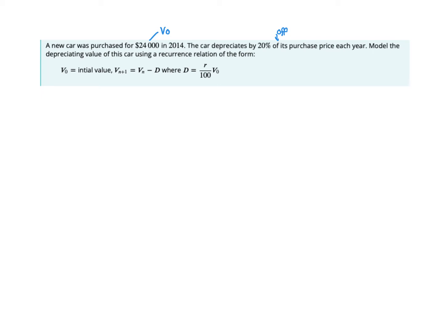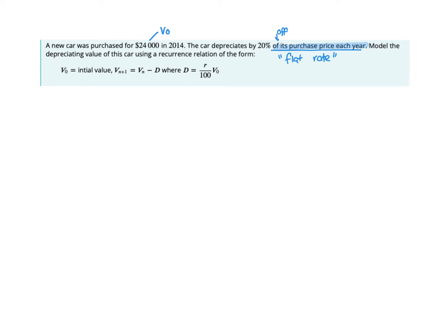So when it says off its purchase price each year, you might want to write that's another way of saying flat rate. You know how the other day I said, when you're reading your questions, you need to know which formula in your summary sheet you're going to. So off purchase price, that's a way of saying flat rate.